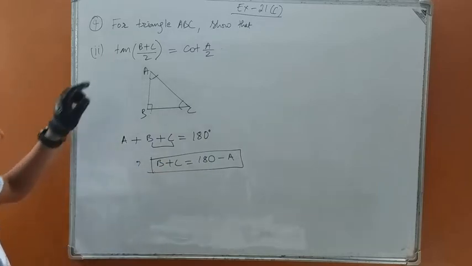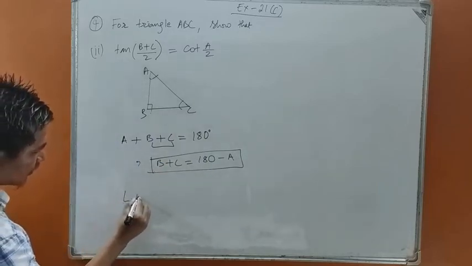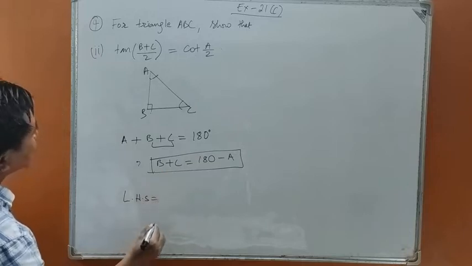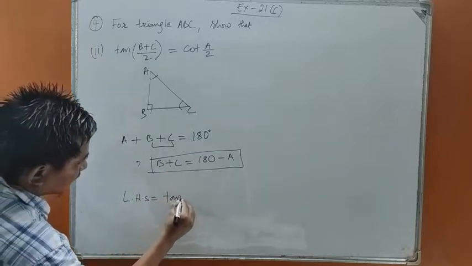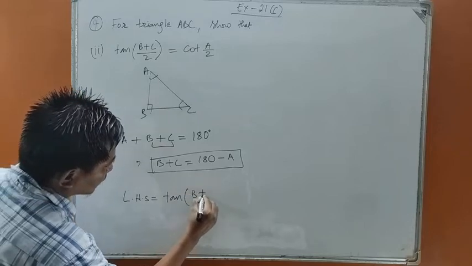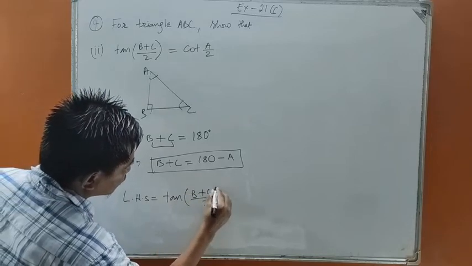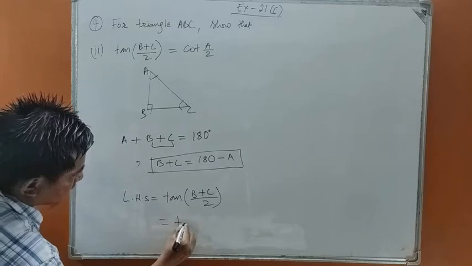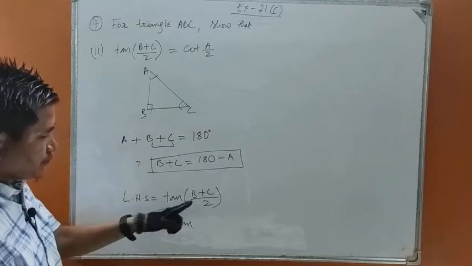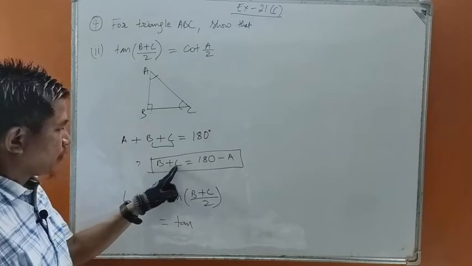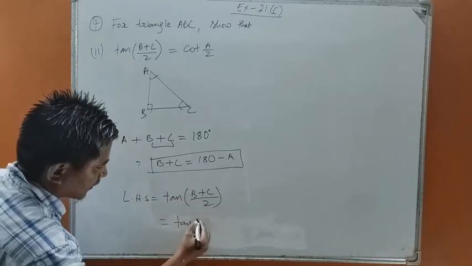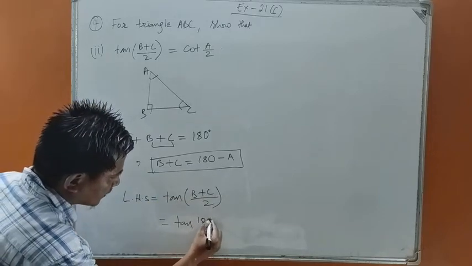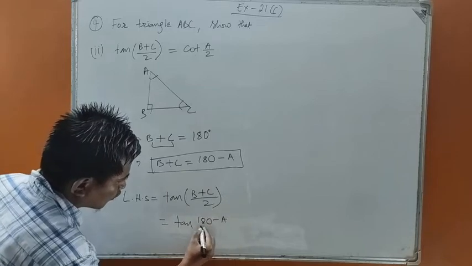Now let's use left hand side. LHS equals to tan B plus C upon 2. This means tan, B plus C means 180 minus A. Instead of this B plus C, I can write 180 minus A, isn't it, whole upon 2.